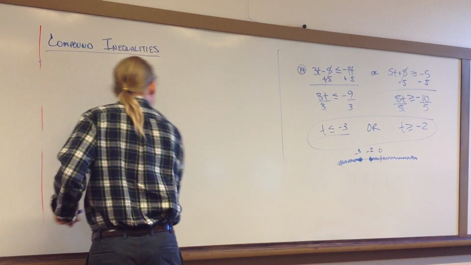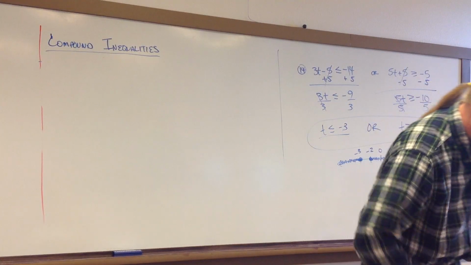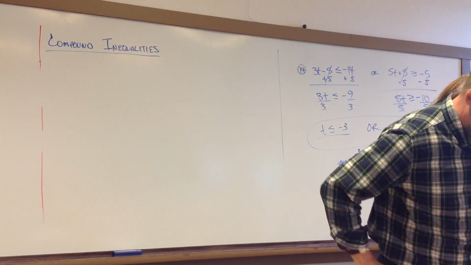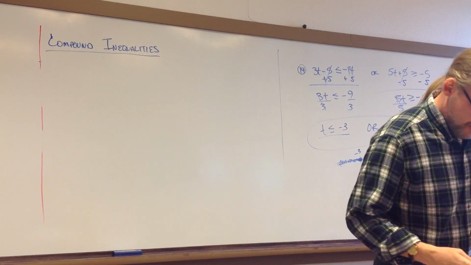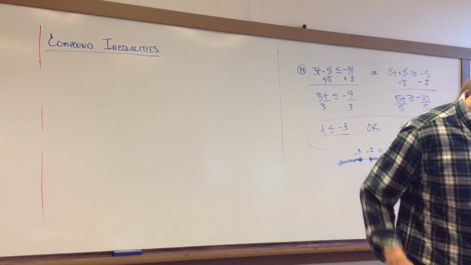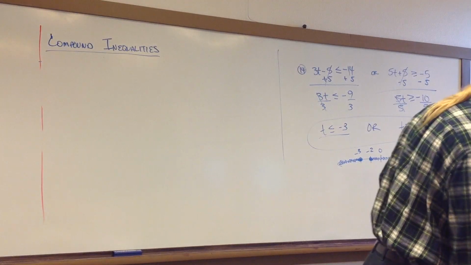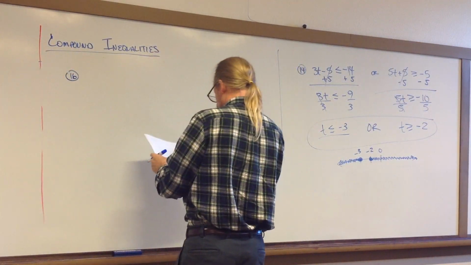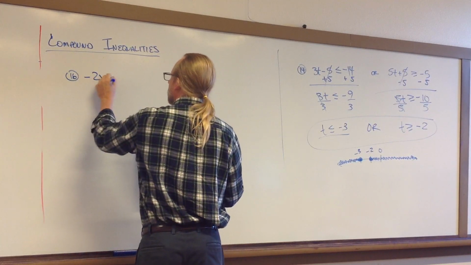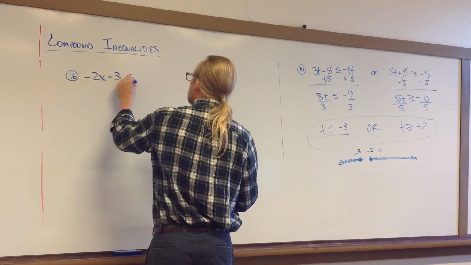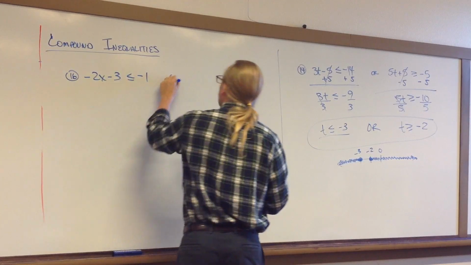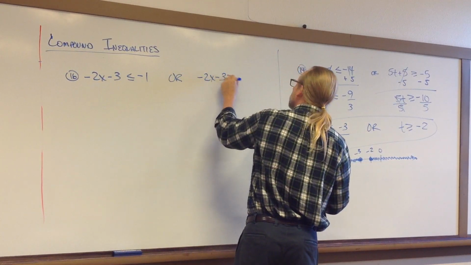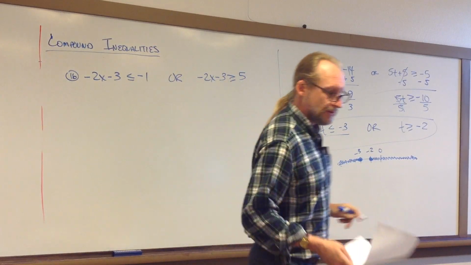Okay. Let's look at a couple more here. What else? Let's look at problem 18. Oh no, 16. 16, -2x minus 3 less than or equal to -1, or -2x minus 3 greater than or equal to 5.